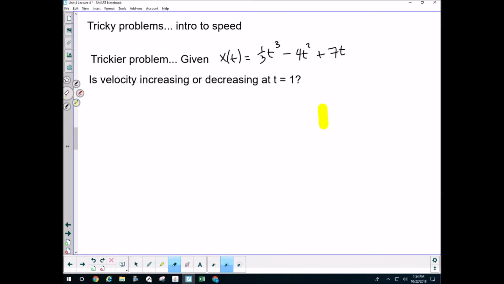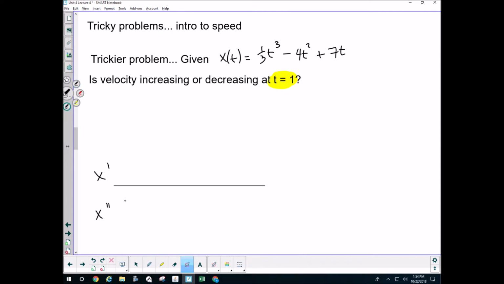So I do not have to, since I'm only focusing on one location, this is important, since you're only focusing on one location, you do not have to do a full-on sign analysis of like x prime or x double prime.